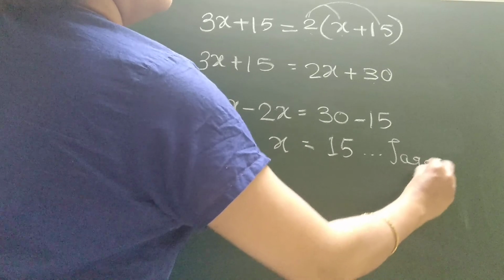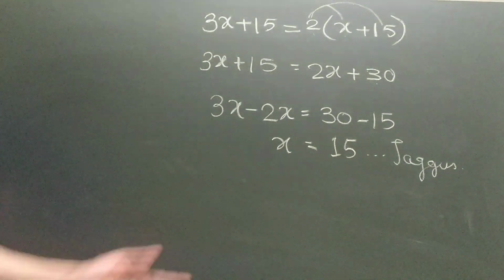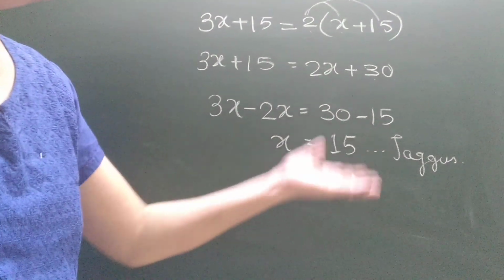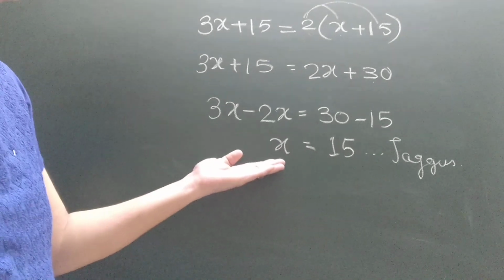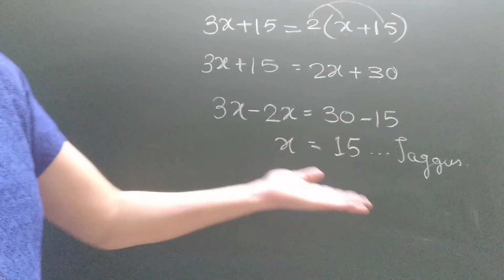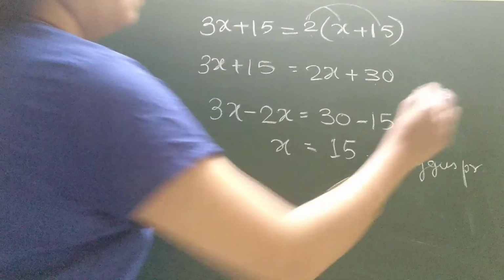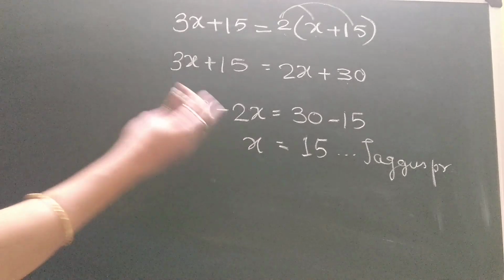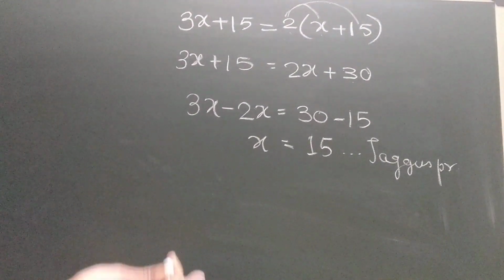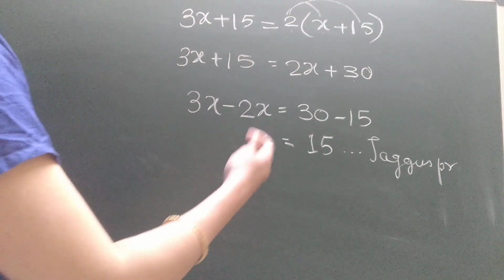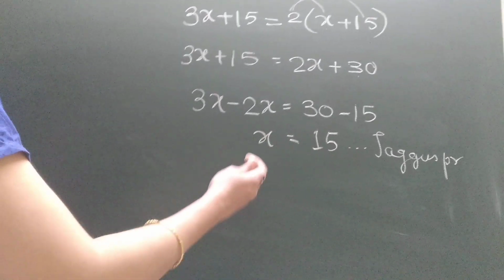But when x is equal to 15, is Jaggu's age present or after 15 years? We had taken it as a present age. x is equal to 15, Jaggu's present age. So what is asked now? They have asked present ages of both Jaggu and his father.